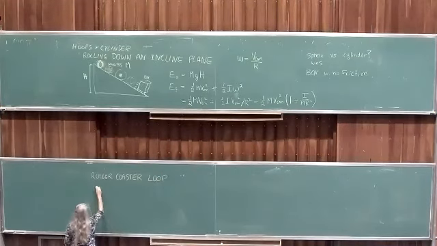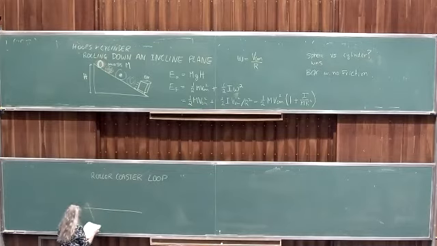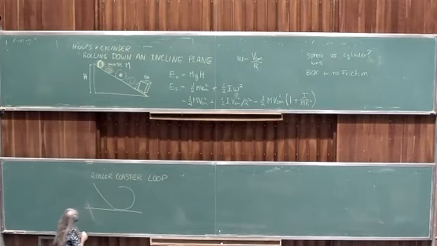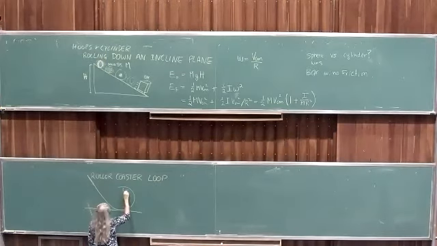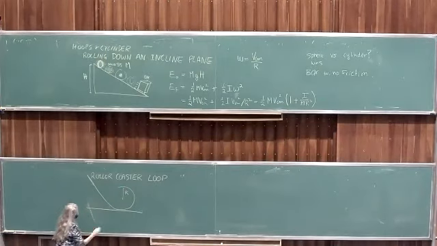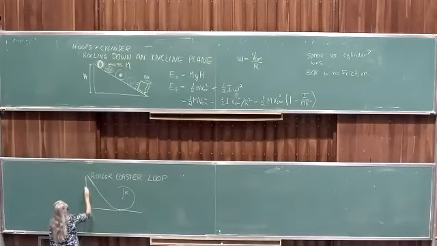So here's the example. We have an empty ground, and we have a roller coaster, and this is the radius R of the loop. We'll set that to the ground. And here's a height H, like that.